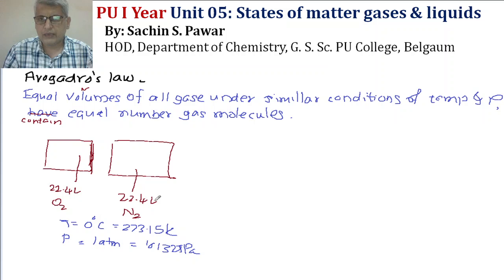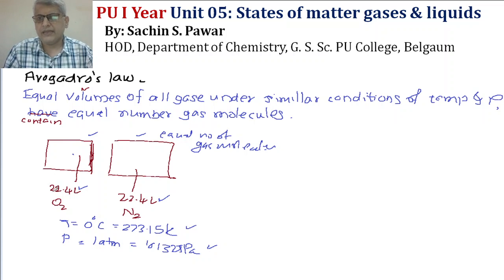So I have equal volumes of two gases under similar conditions of temperature and pressure. Then both these containers should have equal number of gas molecules. That is the statement.